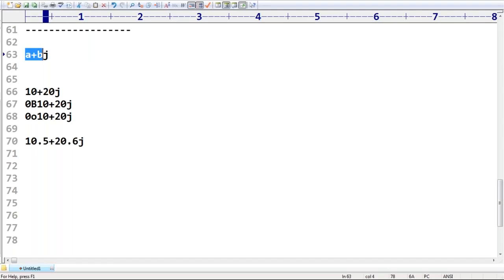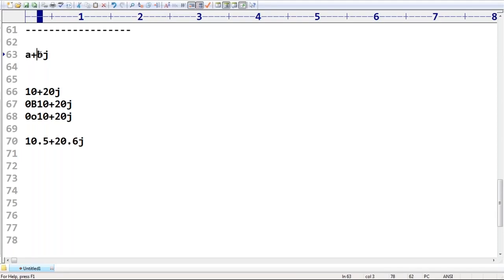A is the real part, b is the imaginary part. For a, you can take either int value or float, no problem. If it is an int, then you can take decimal or octal or binary or hexadecimal. But if a is a float, then obviously you should take decimal only.